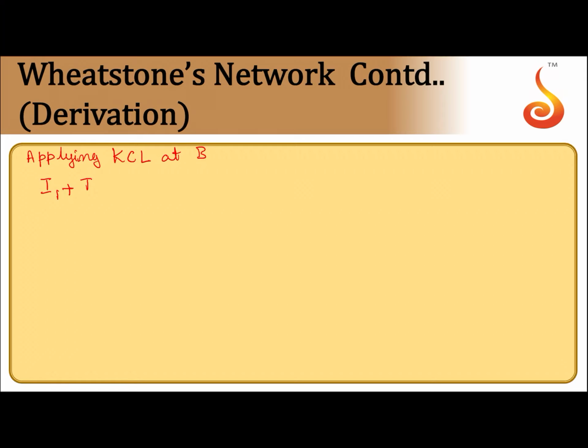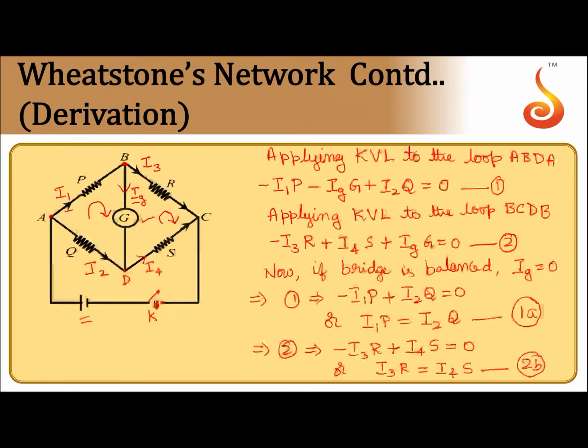I1 plus Ig is equal to I3. Now if Ig is equal to 0, we get I1 is equal to I3. Let us call it equation 3.